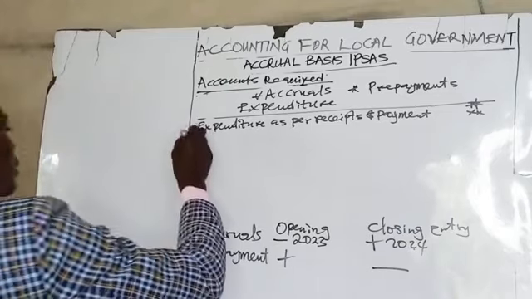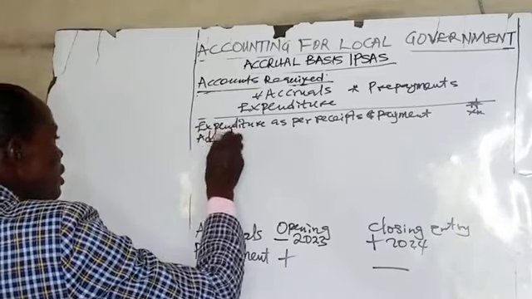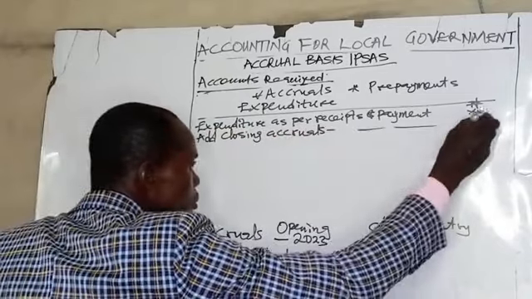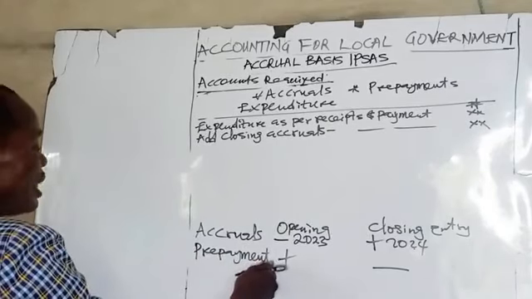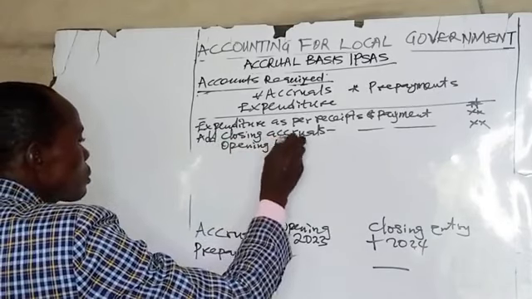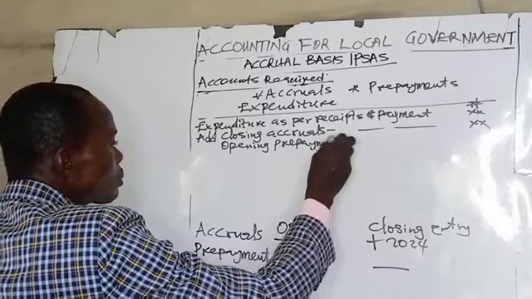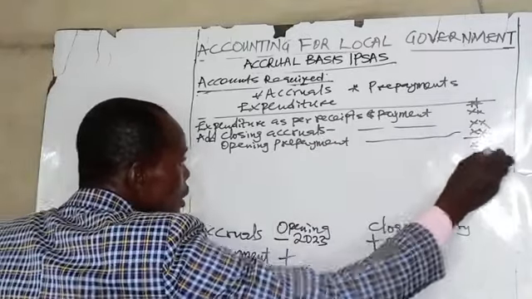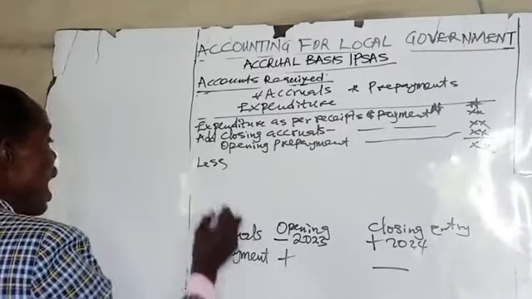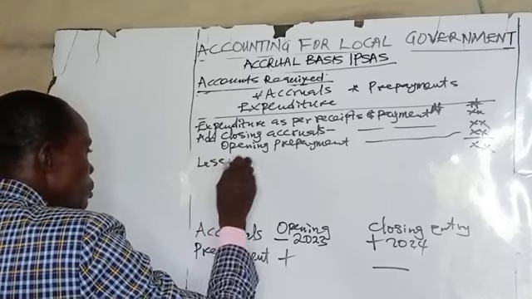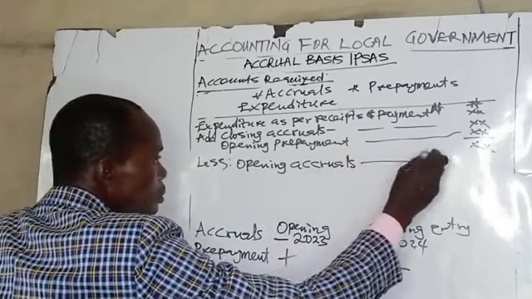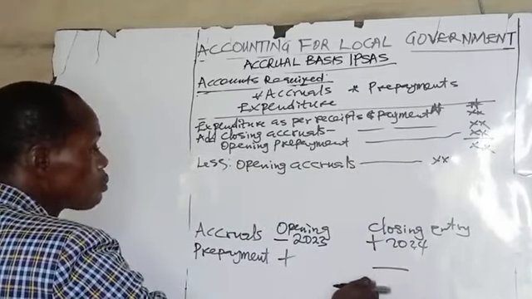So we add closing accruals, add opening prepayment, less opening accruals, less closing prepayment.